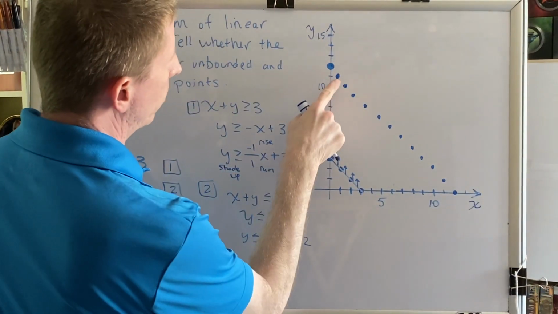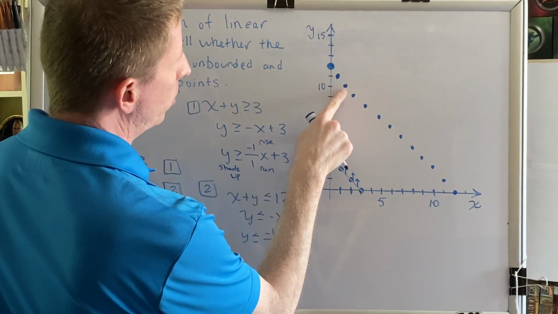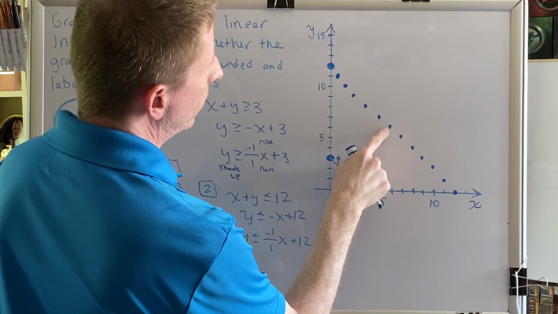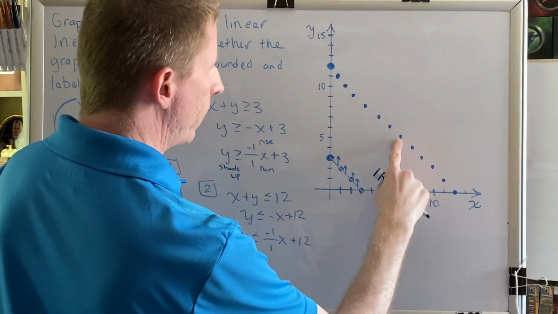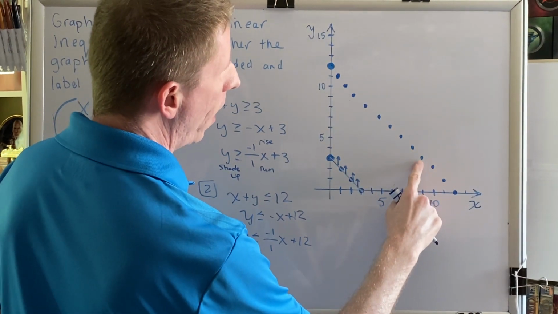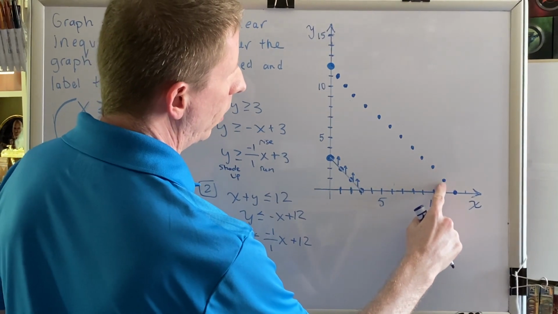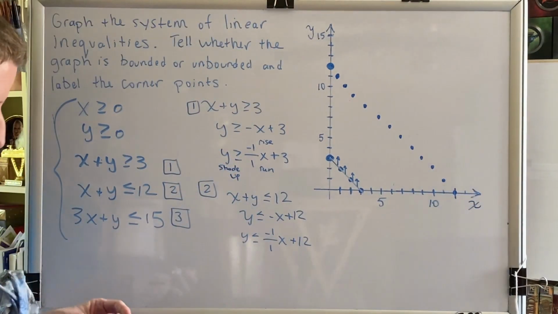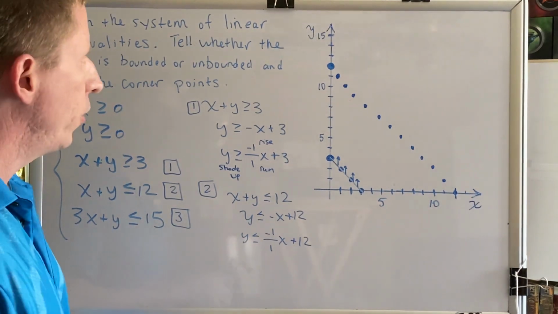So this is 1, 11, 2, 10, 3, 9, 4, 8, 5, 7, 6, 6, 7, 5, 8, 4, 9, 3, 10, 2, 11, 1, 12, 0. Okay, now use a straight edge to connect all of your dots together.